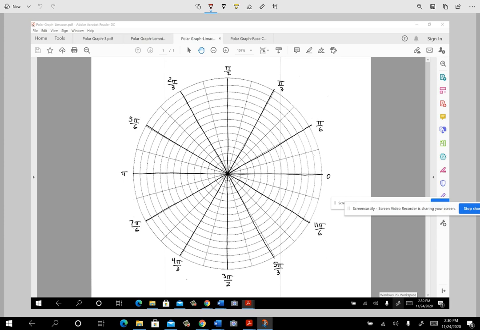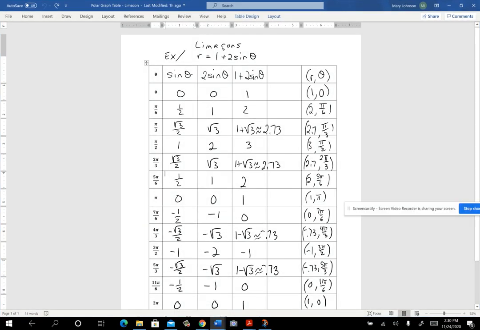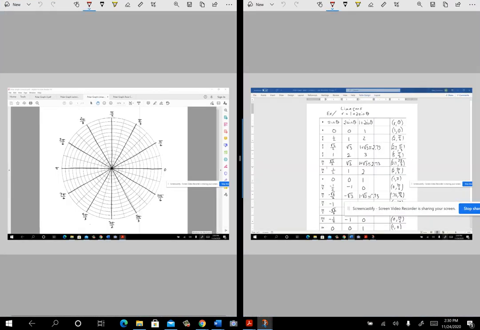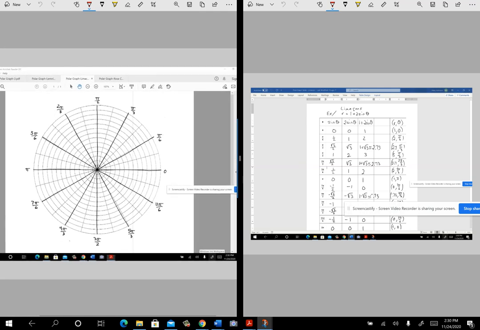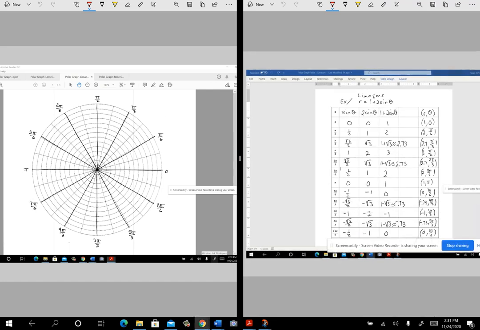All right. And then let me see if I can snip that table and do a snip of it as well. Okay. And so what I want to try to do is leave them both on the screen so you can kind of see the process.